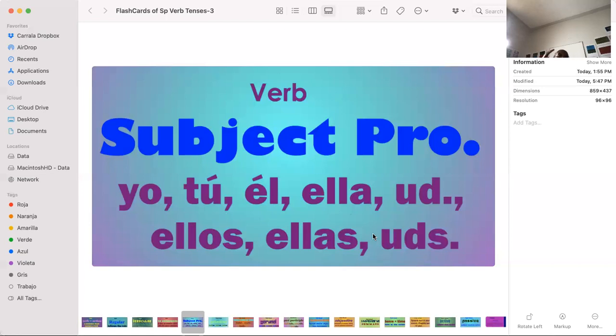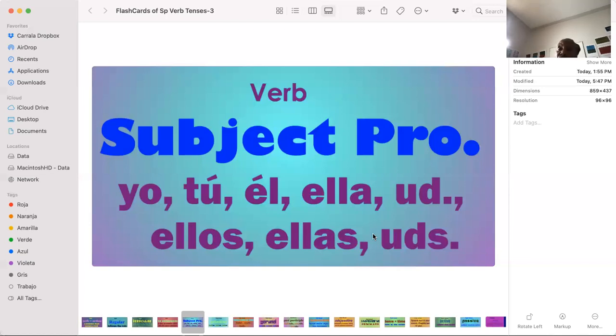It's like the difference between no subject pronoun, I speak Spanish, and with the subject pronoun, I do speak Spanish. You want to emphasize the fact that you do this.